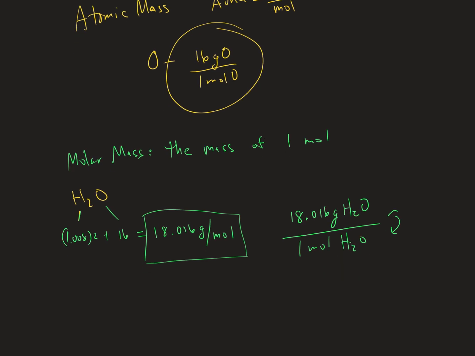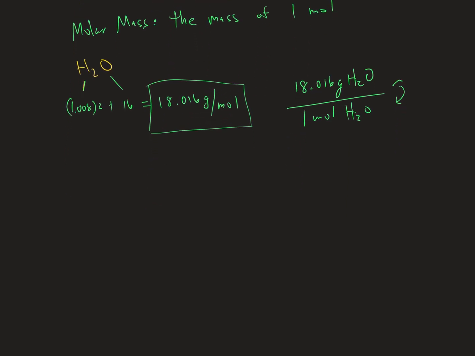Should we do one more? Sugar is C12H22O11. Let's find the molar mass of sugar. We find the atomic mass of 1 element at a time. What's the atomic mass of carbon? 12.01. And again, we can round this if we want to 12, but that's not our final answer yet.